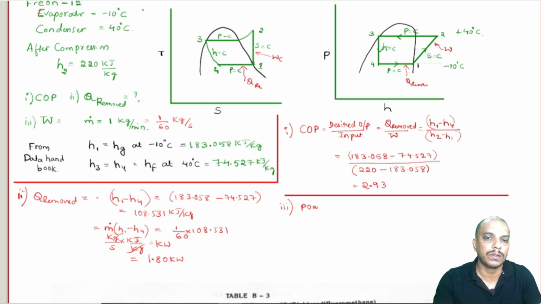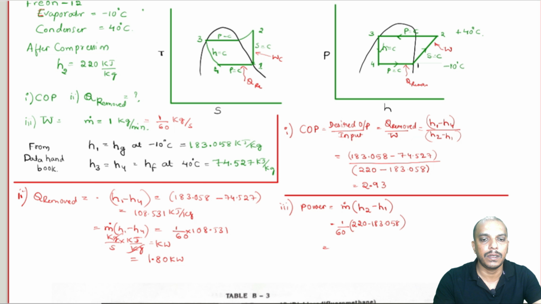The moment he asks you power, it is better you multiply with m dot. So, what is the equation for power? That is H2 minus H1, compressor work. So, 1 by 60 into H2 minus H1, which is 220 minus 183.058.